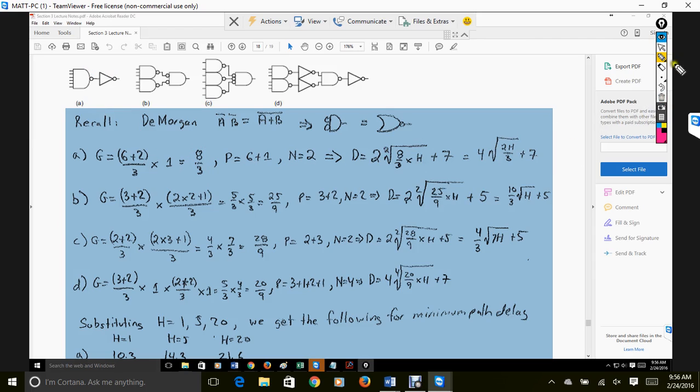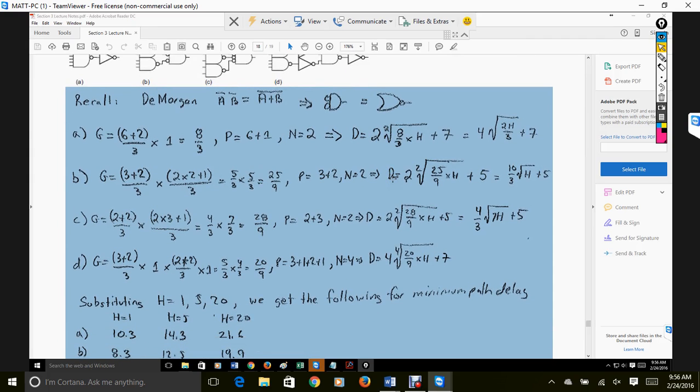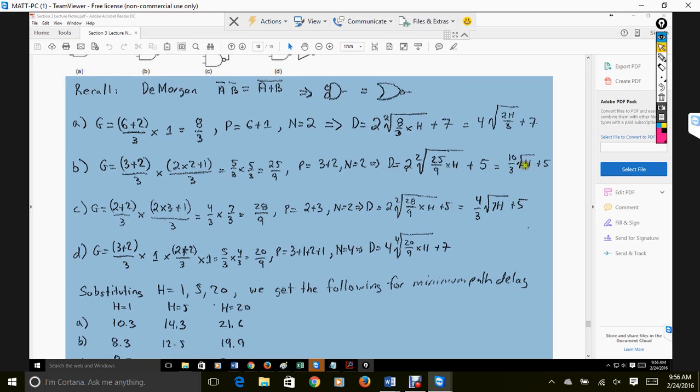The reason I did it this way is because at the end, next determine the minimum delay for h equals 5, 15, and 20, right? So what you can do is you can actually just create the equations and then do a table. And then you solve it out, and it becomes 4 times the square root of 2h over 3, because the square root of 4 becomes 2, plus 7, which is our parasitic delay.